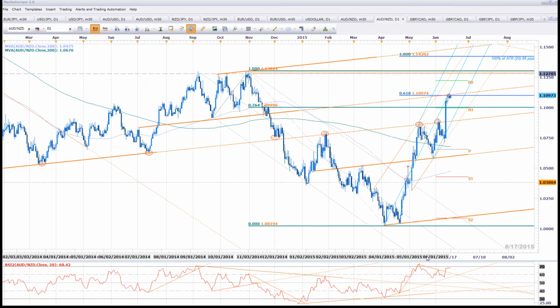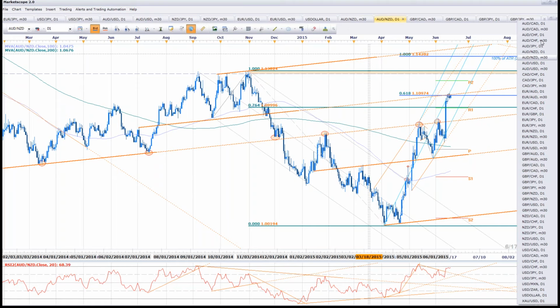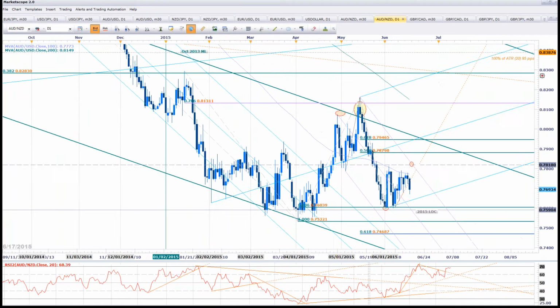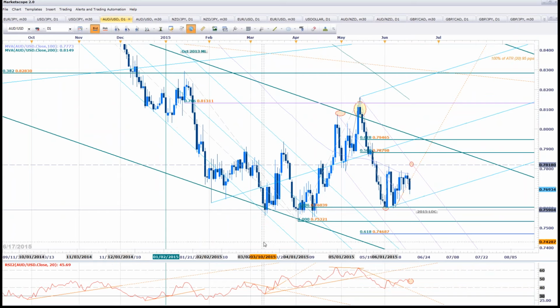In general, based on the technical structure that we're seeing here, also for the Aussie Kiwi, again, this looks like it may have completed 5 waves, so you would look for a possible pullback here. But in general, on that premise, I don't think that the Aussie is necessarily the bearish trade that we came into 2014 expecting, or 2015 expecting.